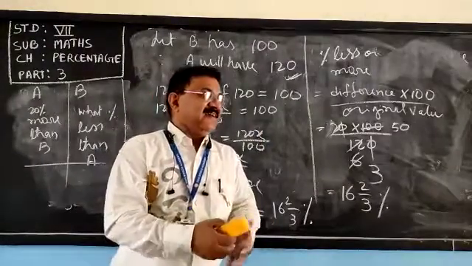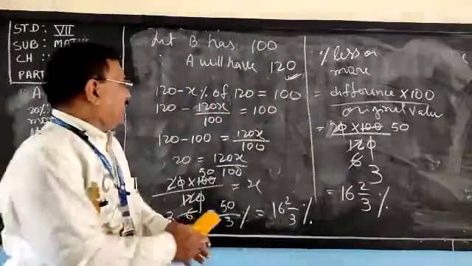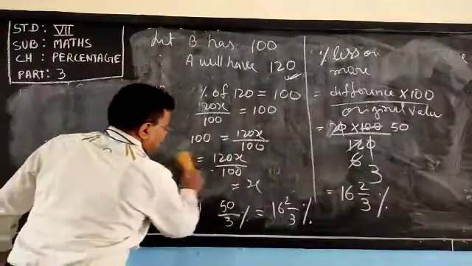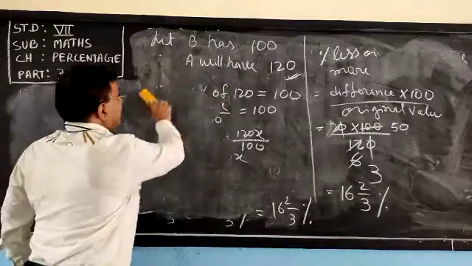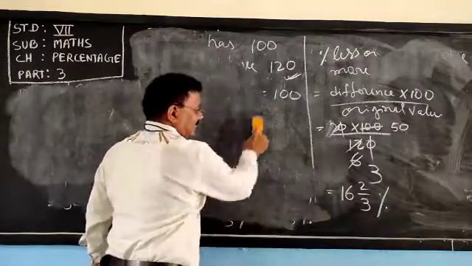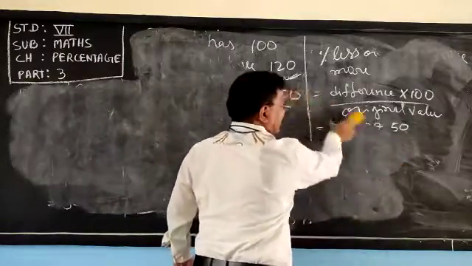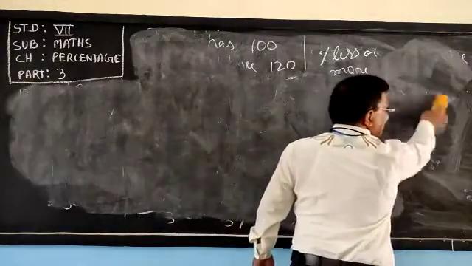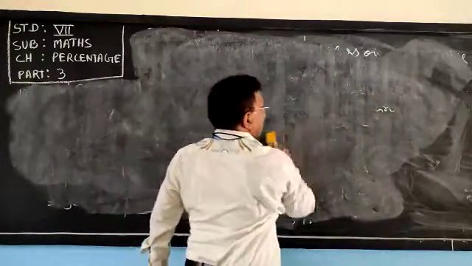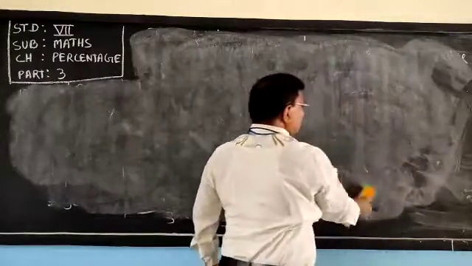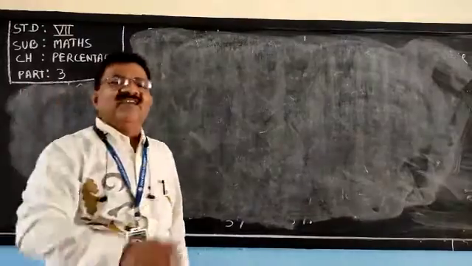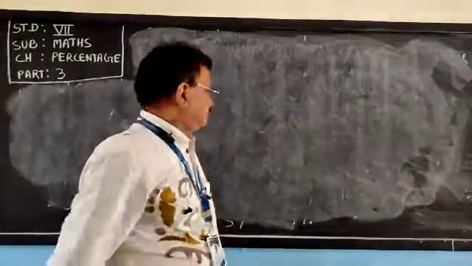Some more questions like this we will solve. Let us solve such a type of question. Suppose your mummy sends you to the market to buy sugar. She gave you money to buy sugar. You went to the shopkeeper and asked him to give you 1 kg of sugar.